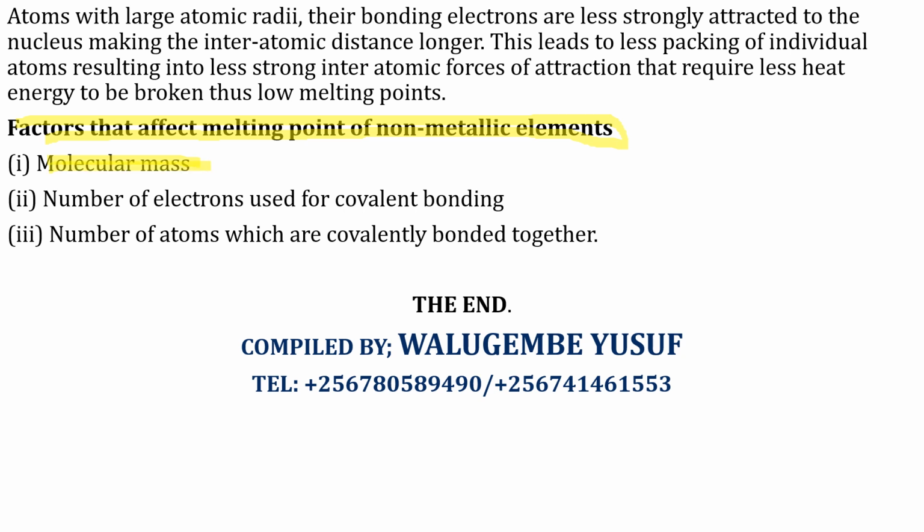Then, especially in group 7, the number of electrons used for covalent bonding. This one won't be tackled much, but it can be applied for a few elements. Then lastly, we shall be looking at the number of atoms which are covalently bonded together. We shall look at this more in depth with group 4 elements. Notice that each of these will be looked at in depth when you're handling individual topics in inorganic chemistry.